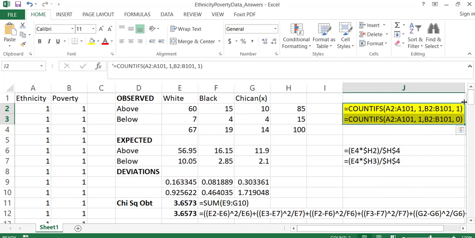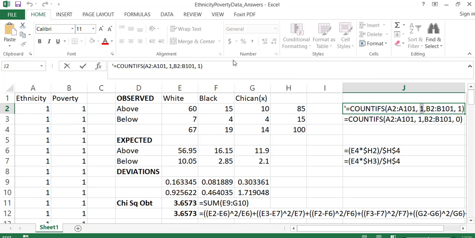Over here you see the basics of the code. In each case we're going to be looking at A2 to A101 and B2 to B101. The only part that's changing is this part, which I'll bold, where we indicate the ethnicity that we're interested in or whether they are above the poverty threshold.